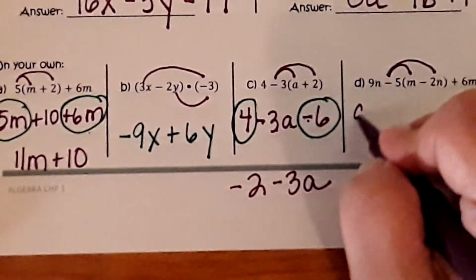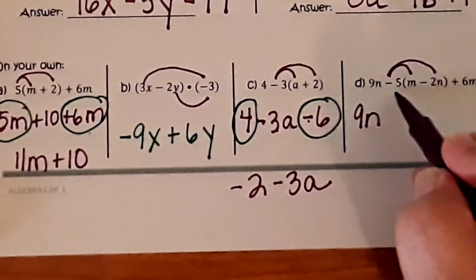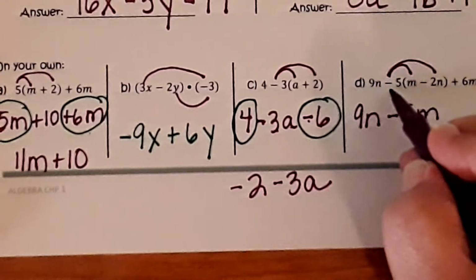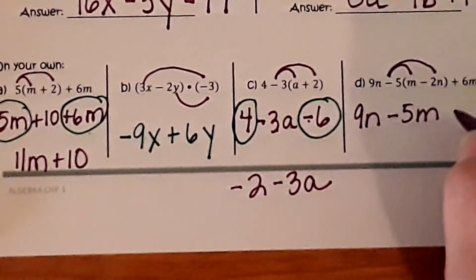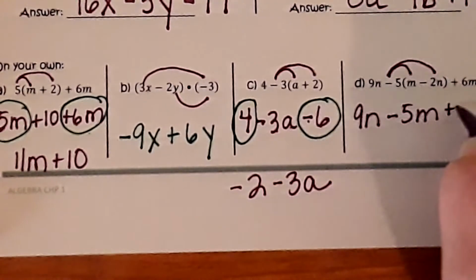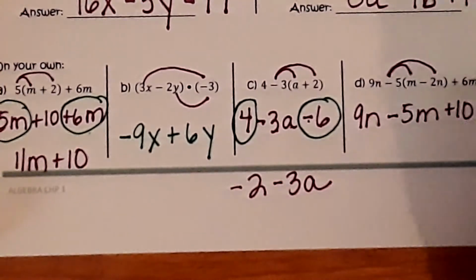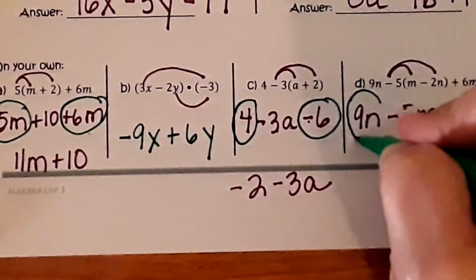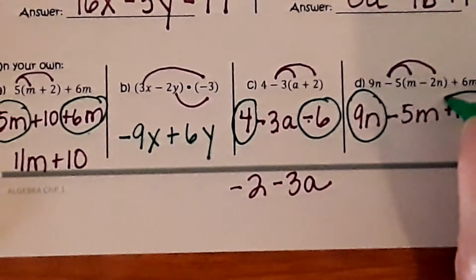The 9n stays. Negative 5 times m is negative 5m. Negative 5 times negative 2, negative times a negative is a positive. And then that 6m just stays on at the end. I have a 9n, and I have a 10n.